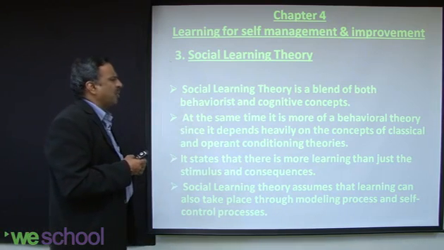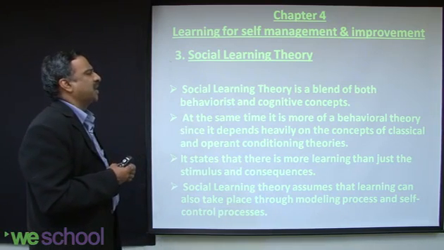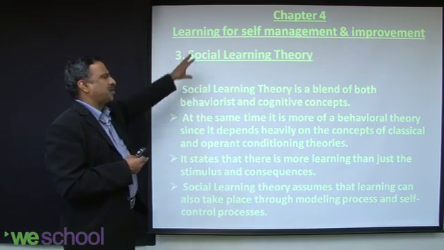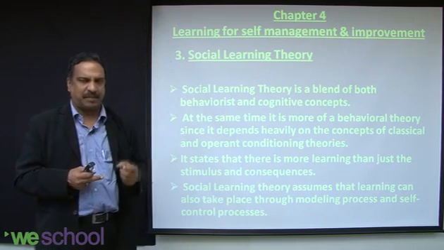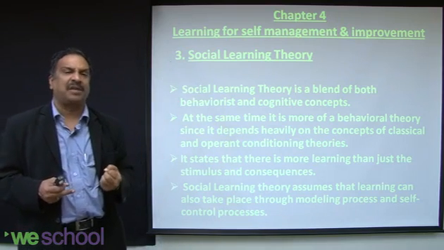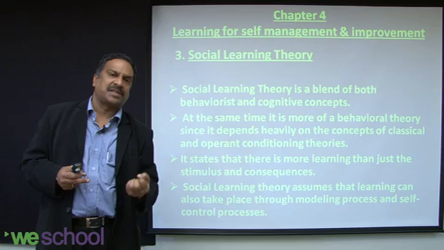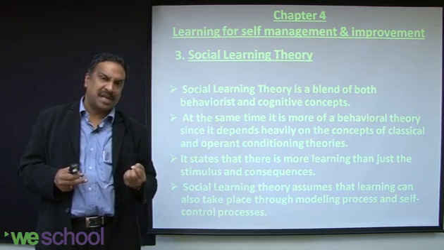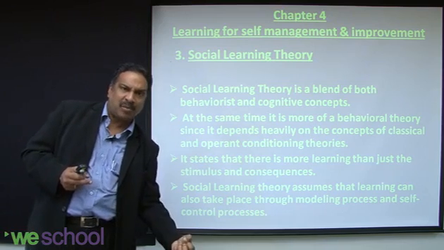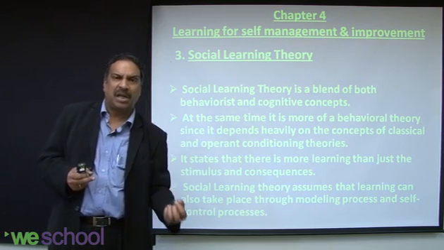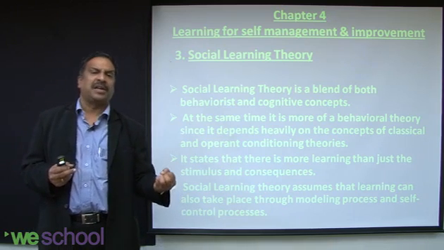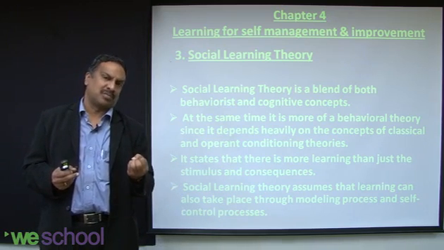At the same time, it is more of a behavioral theory since it depends heavily on the concepts of classical and operant conditioning theories. Social learning happens more effectively when my classical learning and operant learning are pretty strong. Which means at the primordial level, when I'm growing up, in those years, if I have really learnt through classical learning and operant learning, my foundation becomes strong.